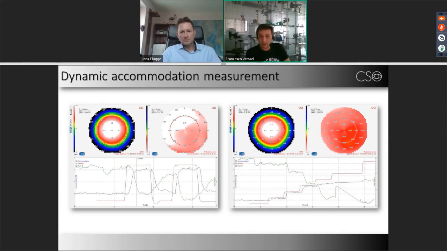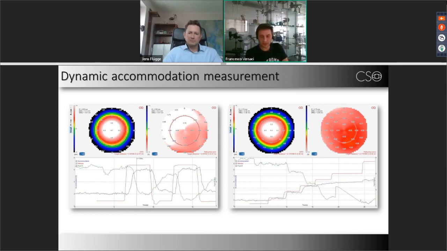In the stair, I'm measuring the residual accommodation of the patient. So I start with an object that is projected from infinity, and then the accommodation request increases by 1 diopter for each step, and I'm asked to focus on this target step by step.